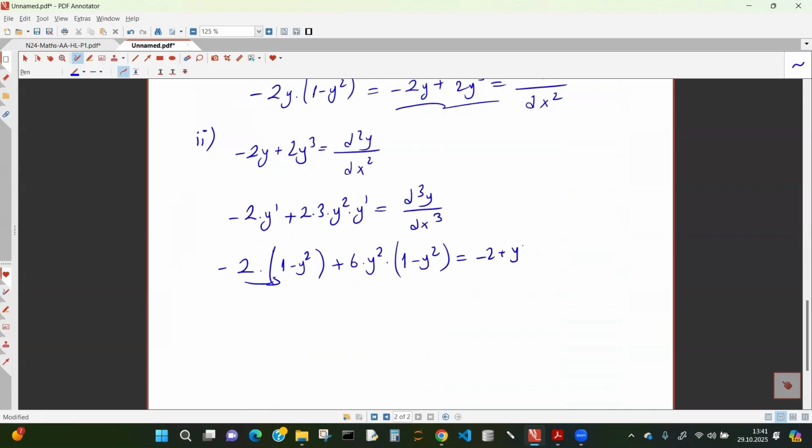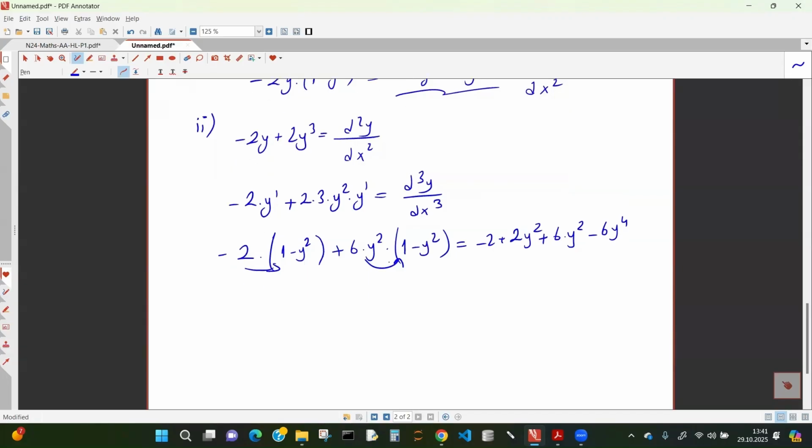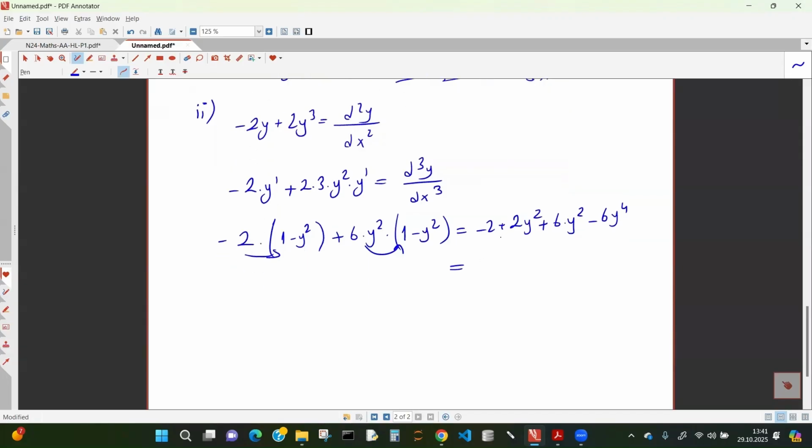Minus 2 plus 2 times y squared plus 6 times y squared minus 6 times y to the power of 4. If we simplify this, 6 times y to the power of 4 plus 8 times y squared minus 2. So this is the third derivative of y.